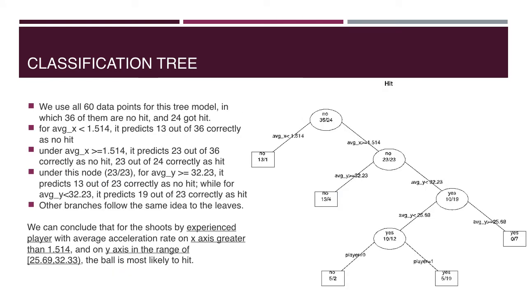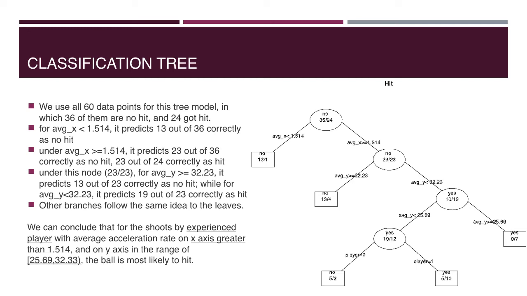As you can see, only X, Y, and player level are used in the model, which means that Z and jumping or not are not so important or relevant to the hit rate.